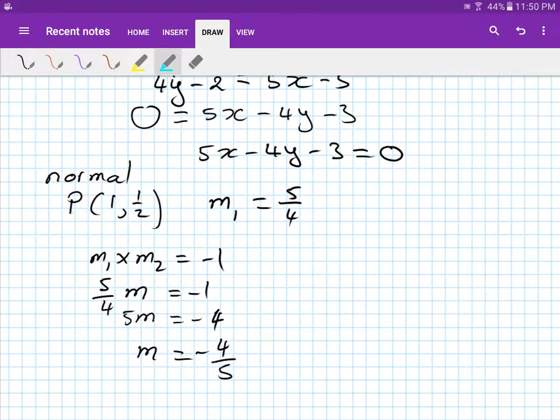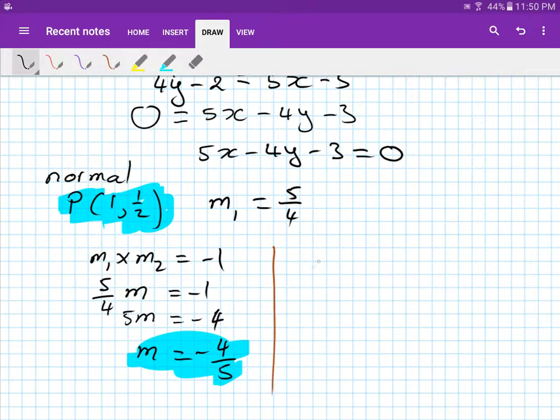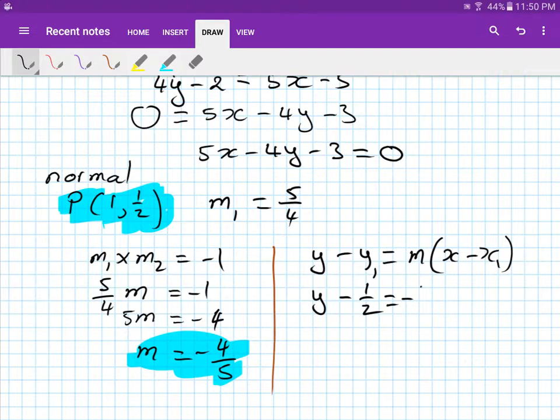Now I have the point and I have the gradient. All I need to do is write the line. So y minus y1 equals m, open bracket, x minus x1. That means y minus a half is equal to minus 4 over 5 times x minus 1.